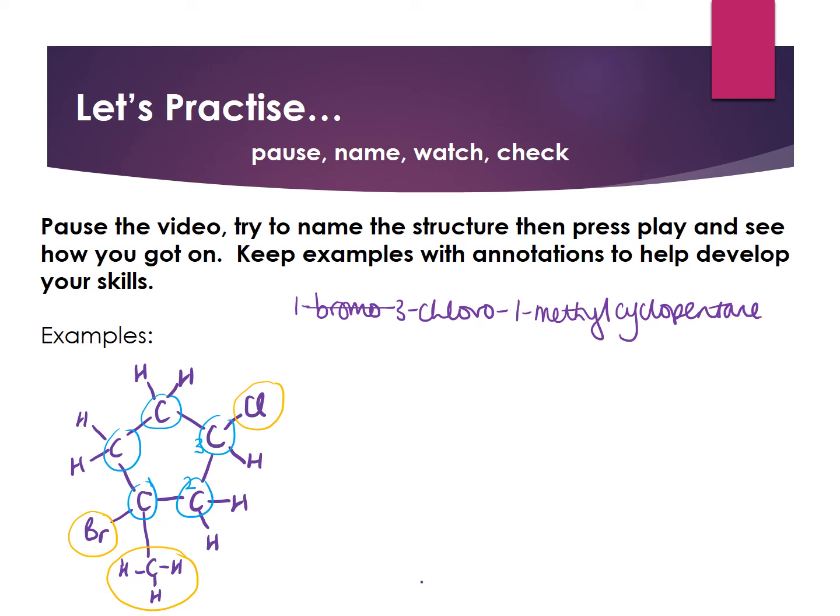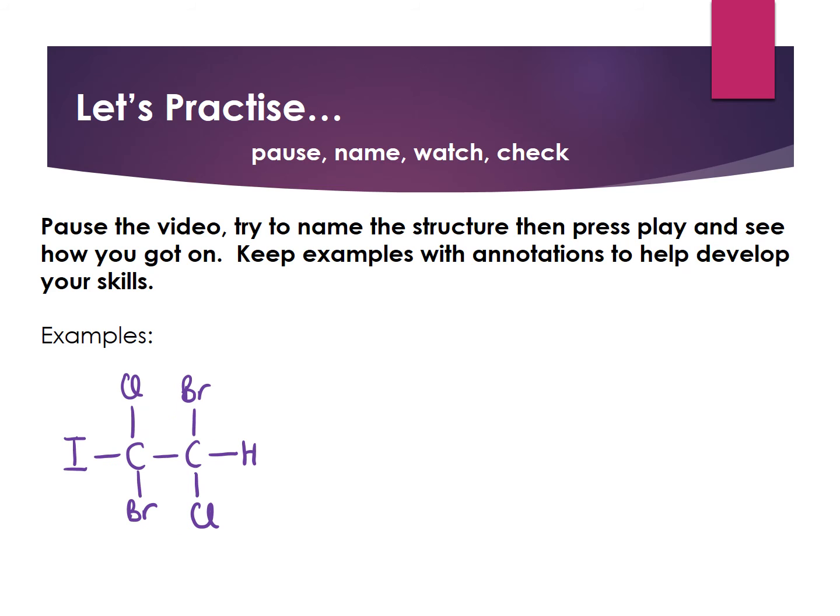So this is the alphabetical rule in practice here. And in terms of the skeletal formula, we need a pentagon with 5 carbons like so. 1, 2, 3, 4, 5. On this one, let's have a Cl, and on this one, let's have a Br and a CH3, just like that. Let's try the next example.